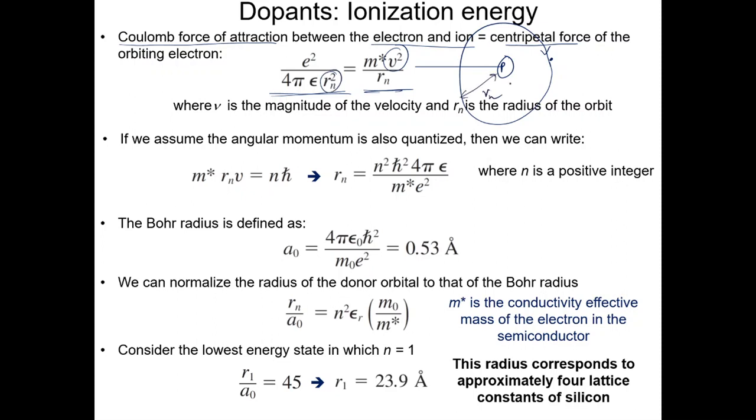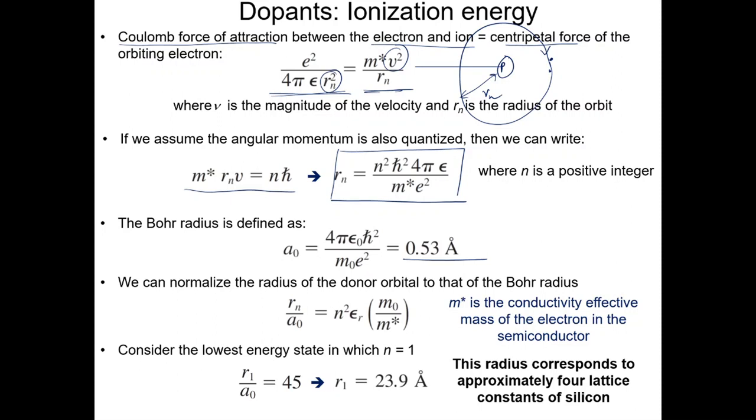If you rearrange it, you can assume that the angular momentum is also quantized, because the electron is moving in a well-defined shell. That angular momentum relation will give you the value of the radius. If you remember, the Bohr radius was close to 0.53 angstrom.